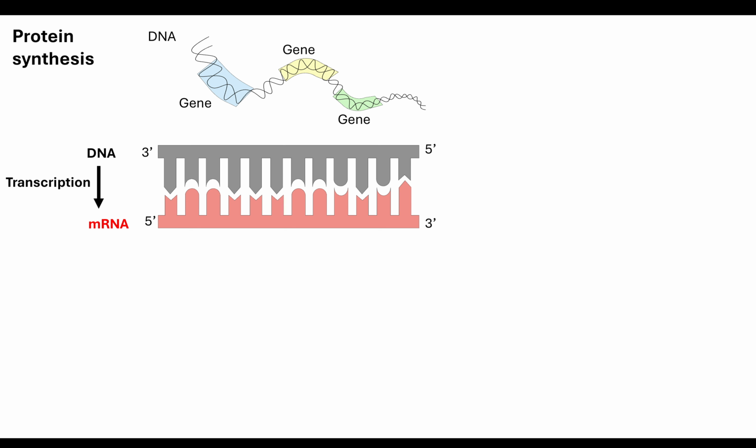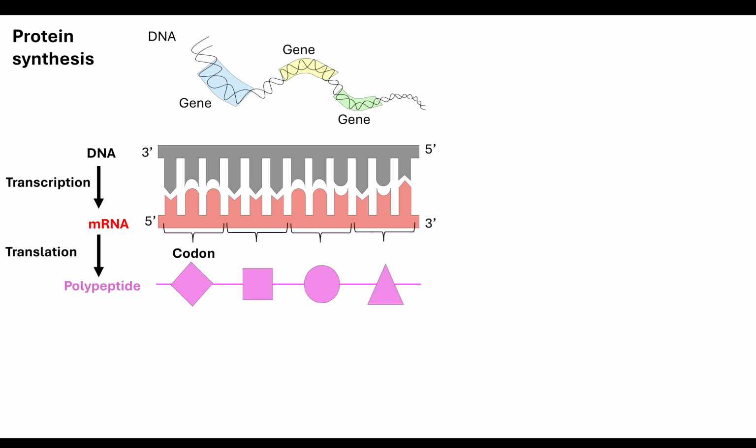So through the process of transcription, the DNA is copied onto messenger RNA. If you haven't already, please do check out my video on transcription. What you will know is that each of your triplet codes is called a codon, and that corresponds to a very specific amino acid.